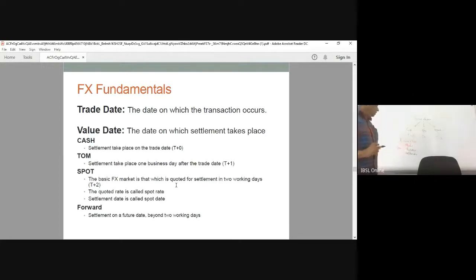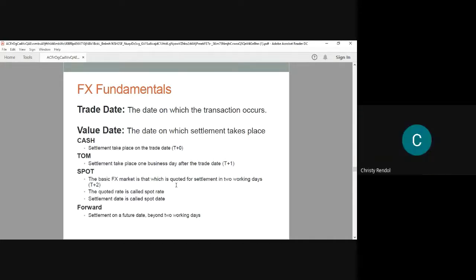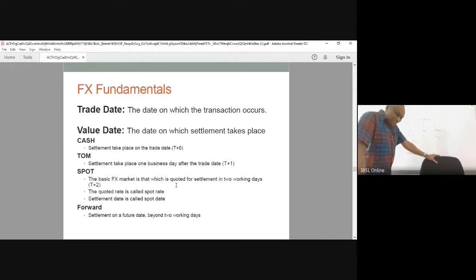Why do you say Wednesday? Two working days now. Tuesday is poya, we are not working. But foreign exchange markets are not closed on poya days. Poya is immaterial.